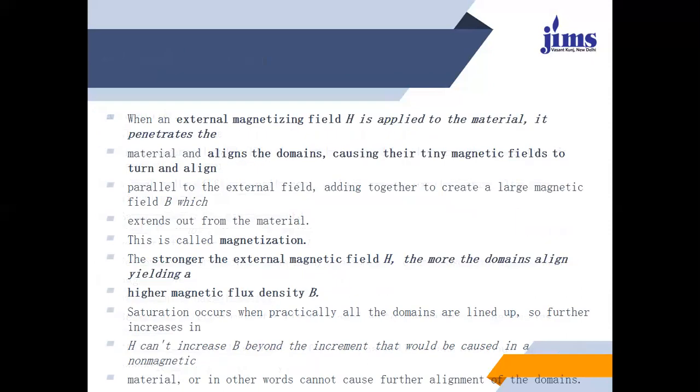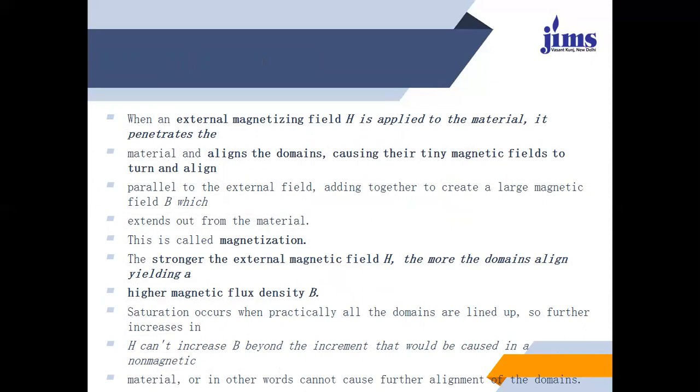When an external magnetizing field H is applied, it penetrates the material and aligns the domains, causing their tiny magnetic fields to turn and align parallel to the external field. It will be reflected in the form of a wave, in the form of a picture in the next slide.